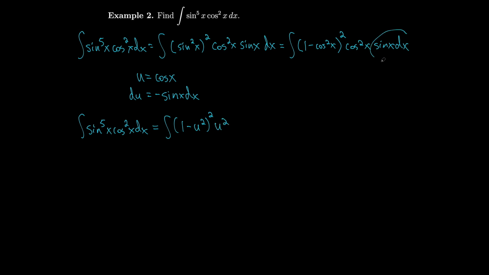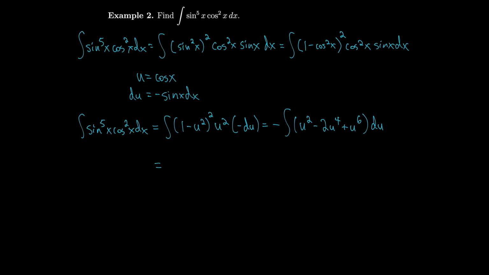And then sine x dx is du, just with a minus, so we just throw in a minus du. So we pull out the minus, and that's u squared minus 2u to the 4th plus u to the 6th. And we expand our square term and then multiply it by u squared.